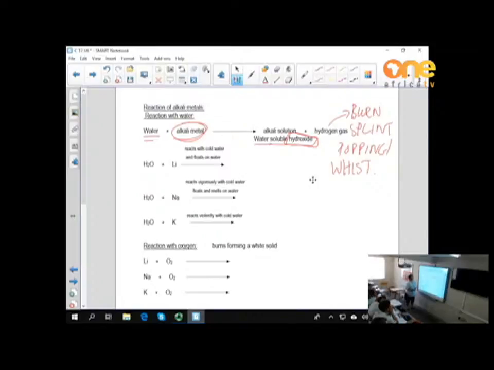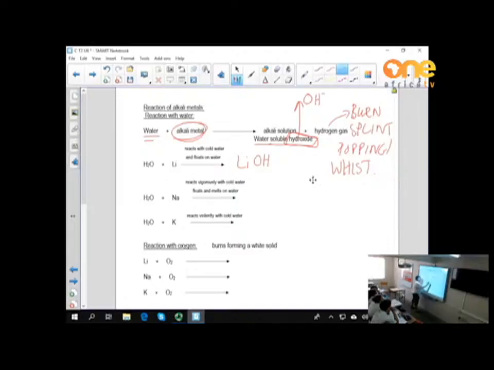If we have a look at the reaction of lithium with water, who can remember what the formula of hydroxide looks like? Yes, it is OH. Remember, it's one of the polyatomic ions, and it's got a charge of -1. So now, when lithium metal reacts with water, what is the product going to be? Lithium hydroxide.